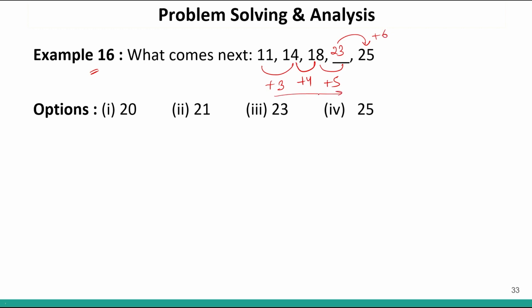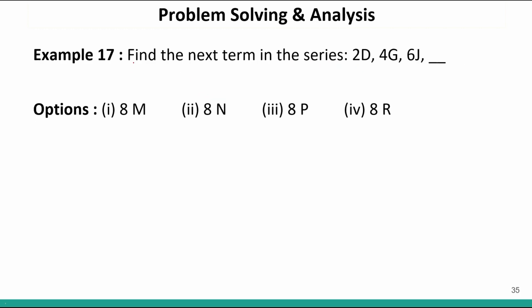So this logic is not being followed. So maybe some other logic is being followed. So up till here, this was plus 3, plus 4. So now if I repeat the logic and add 3, so plus 3 will give me 21. So 21 and 25, this is plus 4. So again, same as plus 7 plus 9, we repeated the logic of plus 3 and plus 4. So 21 will be the correct answer, which is given in option number 2.